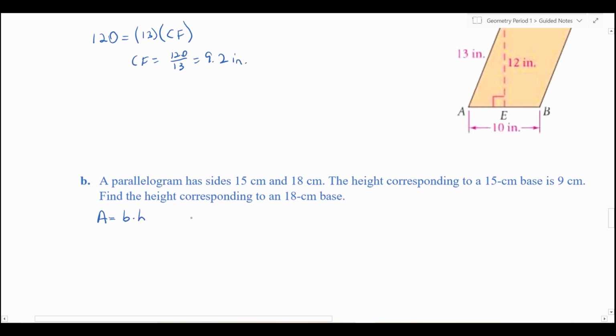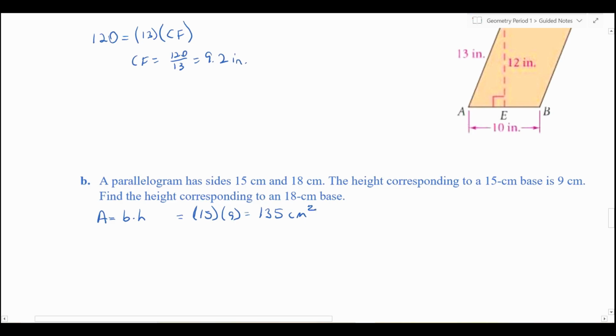So now that I have that, I'm going to substitute those values in, and this is going to equal 15 times 9, and 15 times 9 is 135 centimeters, and we're dealing with area, right? Centimeter and centimeter is going to be centimeters squared right there.